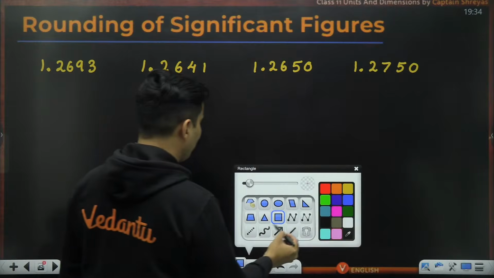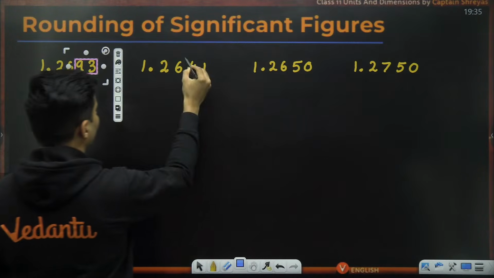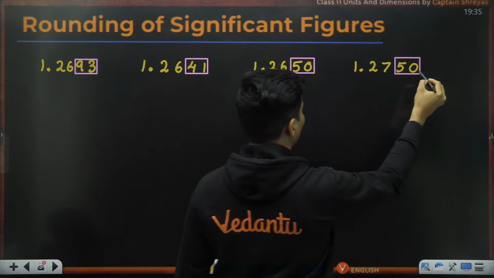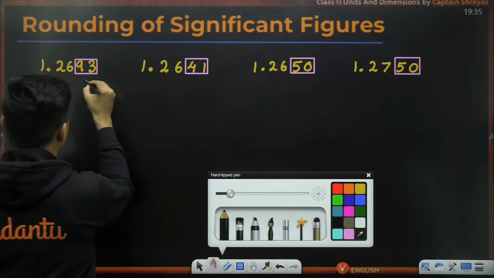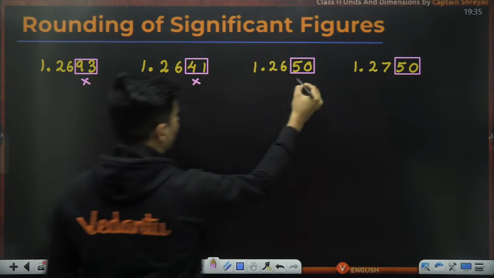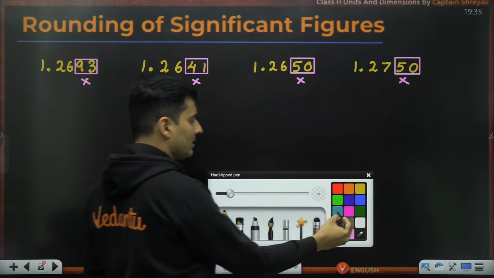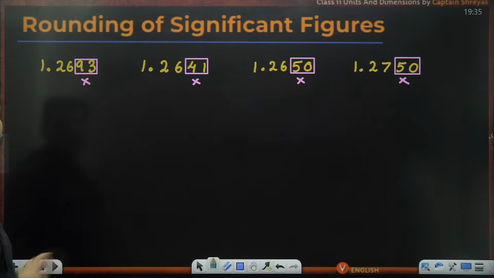So first let me block those digits which I want to get rid of. I want to get rid of 93, I want to get rid of 41, I want to get rid of 50, and over here 50. Now, here is the challenge.